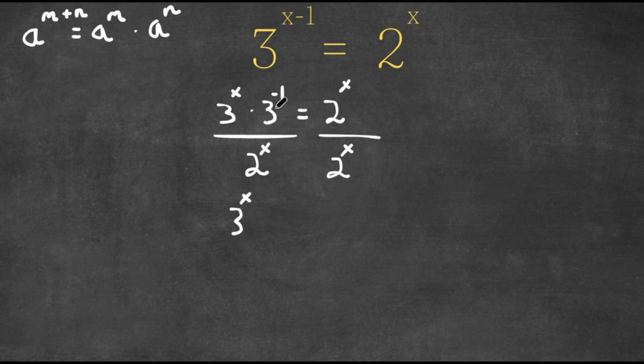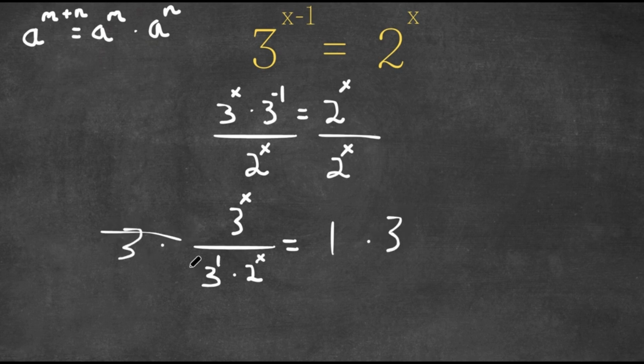And I'm actually going to move the 3 to the power of -1 to the denominator, and now it's going to be 3 to the power of +1. So now we have 3 to the power of x over 2 to the power of x times 3 to the power of +1. This is equal to 1. Now I'm actually going to multiply both sides by 3.